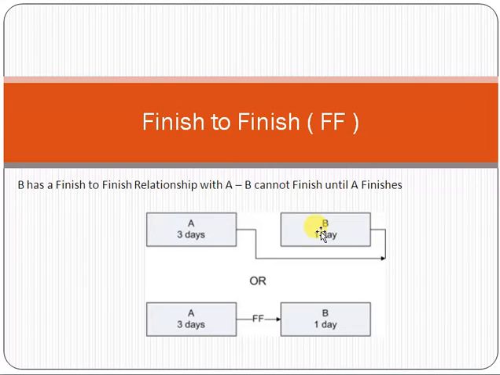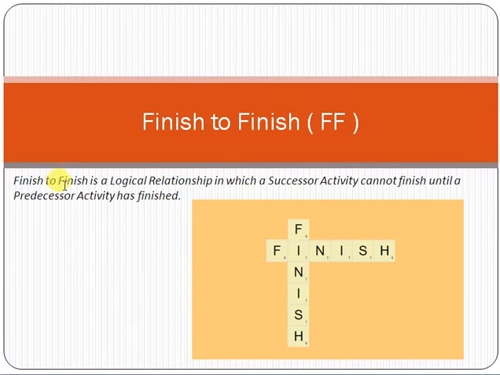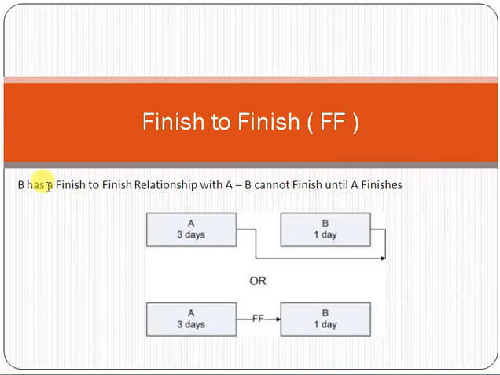If we look at the previous definition again, finish to finish is a logical relationship in which a successor activity cannot finish until a predecessor activity has finished. Now it means that B has a finish to finish relationship with A. B cannot finish until A is finished.